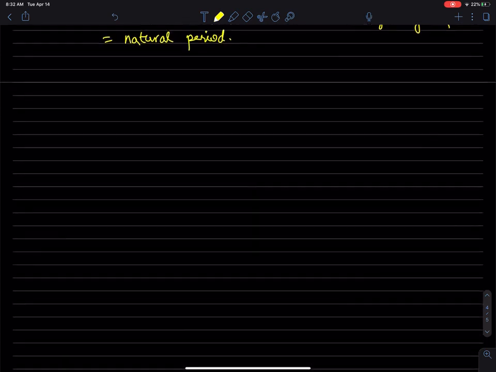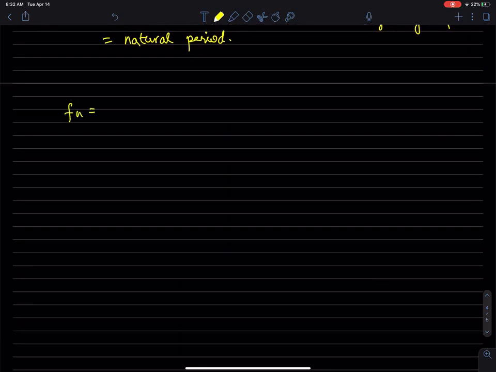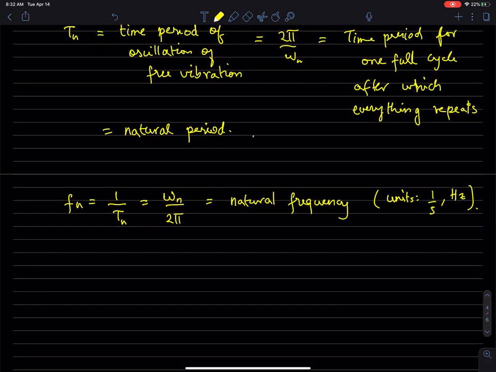Okay, and then we can define this quantity f sub n, which is essentially 1 over Tn, or omega n divided by 2 pi, which is also called natural frequency and measured in units of 1 over second, or hertz, right? And of course, Tn is measured in units of seconds, or whatever time is measured in.